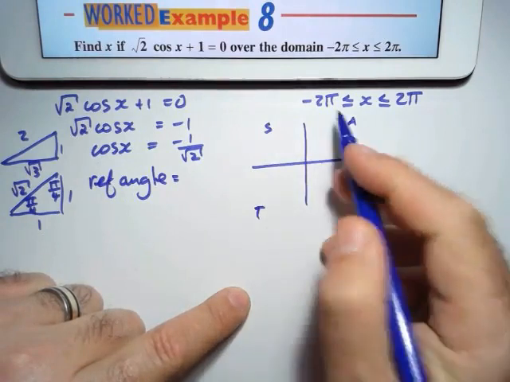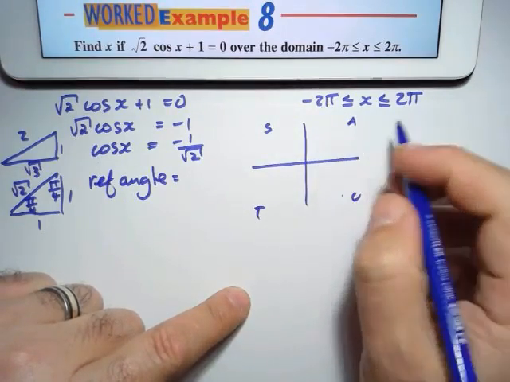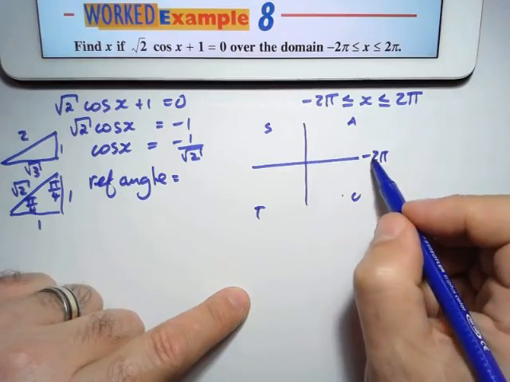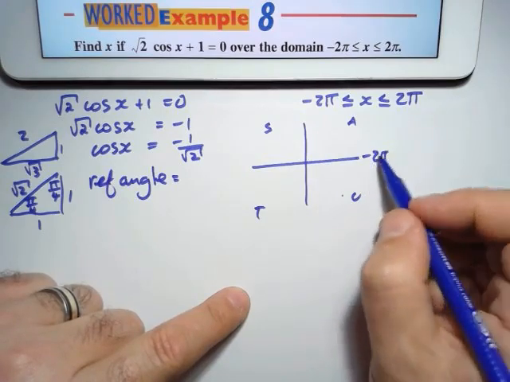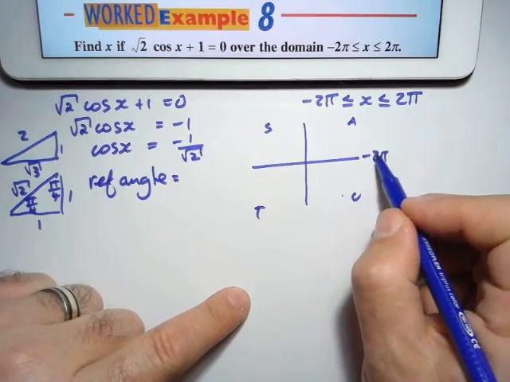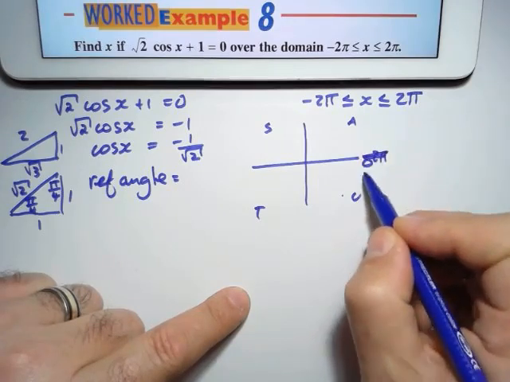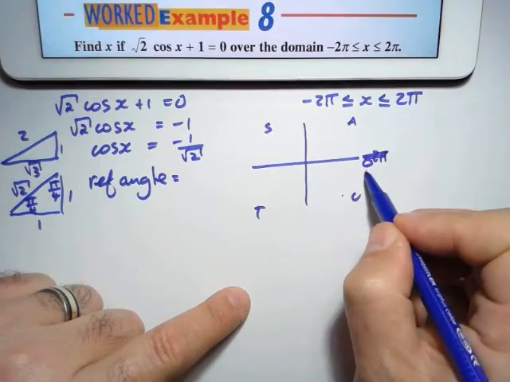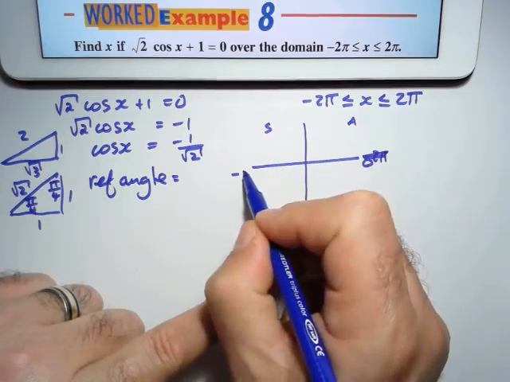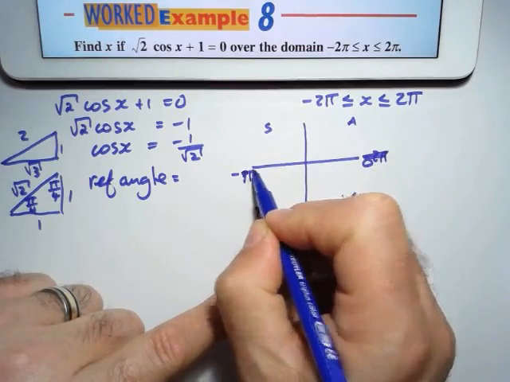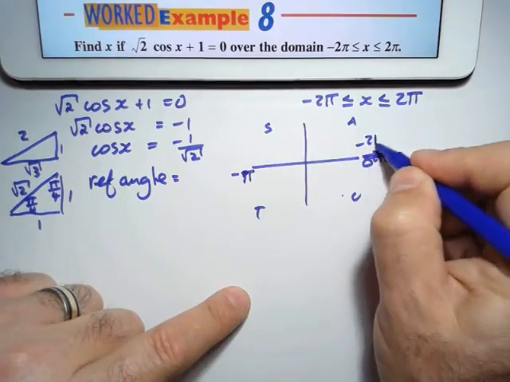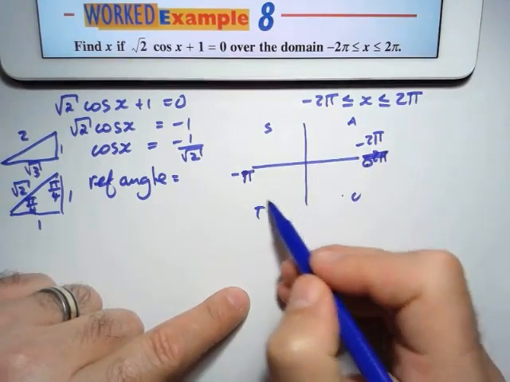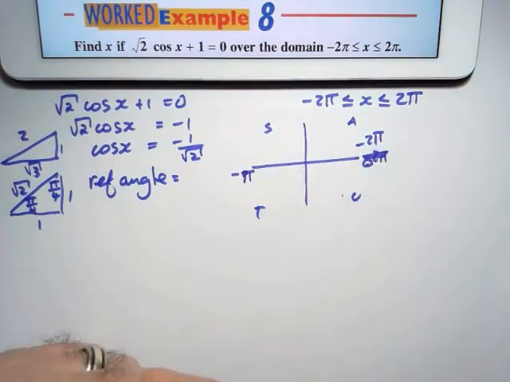okay. And if I have minus 2 pi, I'm going to start with negative 2 pi here. No, I'm not. I'm going to start with 0 here, and I'm going to go in a negative direction. If I go in a negative direction, this is 0, this is minus pi, and this is minus 2 pi. So going in this direction, 0, minus pi, minus 2 pi.